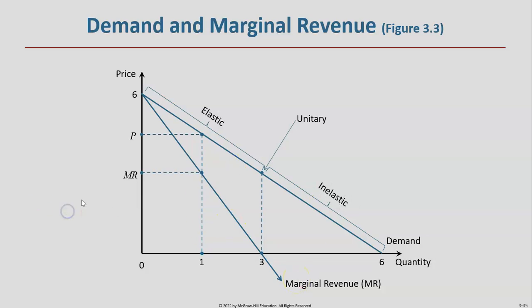Okay, so it's this relationship that leads to the expression that monopolists will always set prices in the elastic portion of their demand curve. A monopolist is a business firm that has a unique product with no substitutes. Okay, it's the only seller of this unique product. And so it can set price to maximize profit. And so it will always set price where marginal revenue is positive.